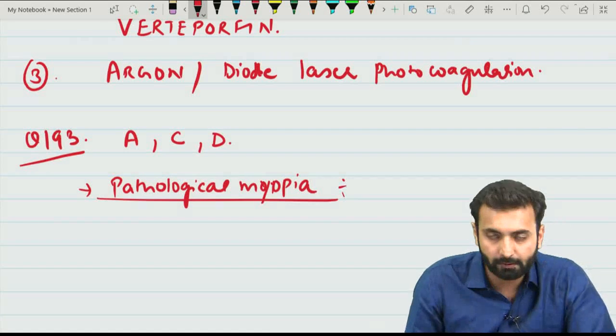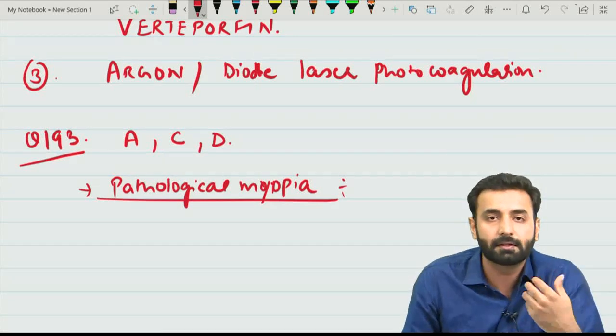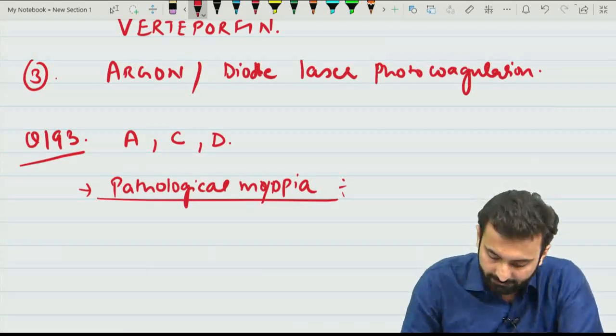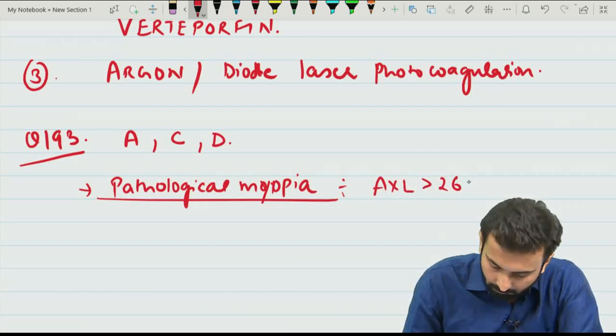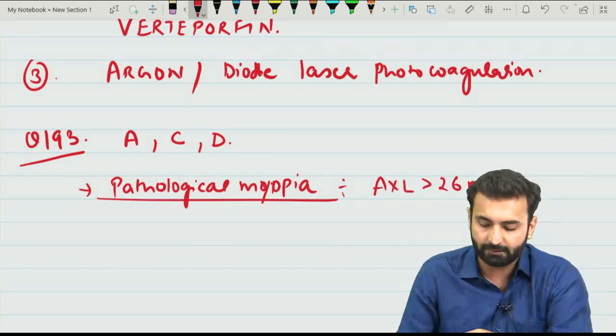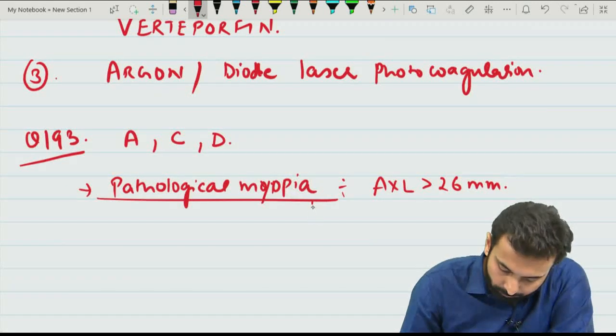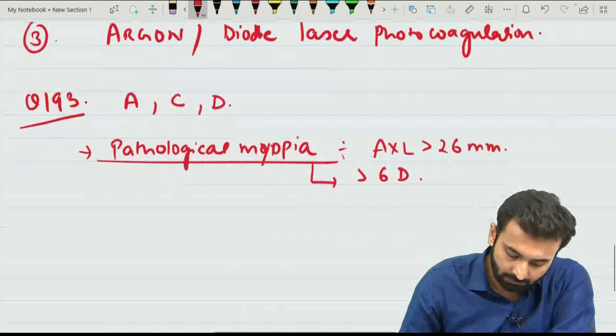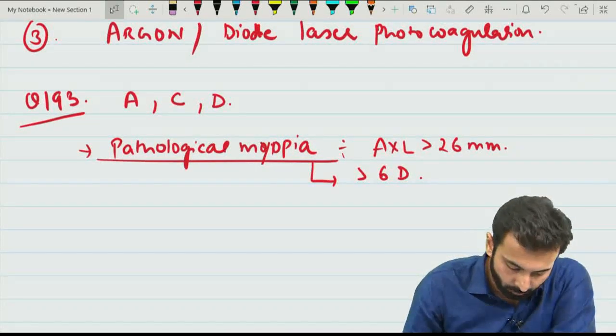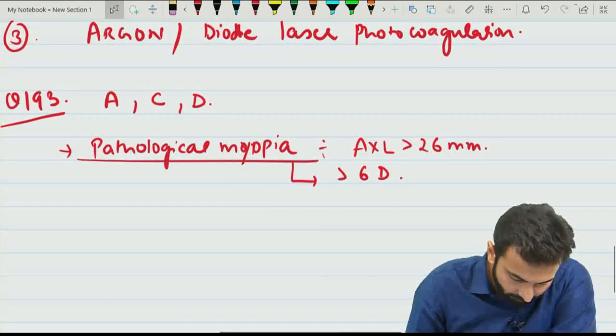So what is pathological myopia? The myopia in which there is axial length of more than 26 millimeters, and the myopia which is more than 6 diopters is pathological myopia, right?